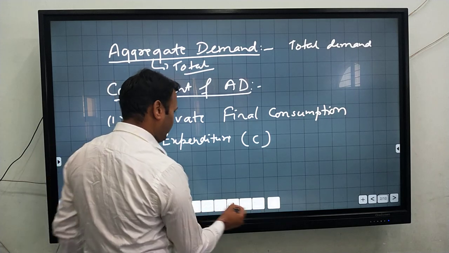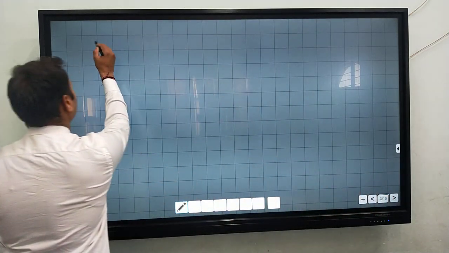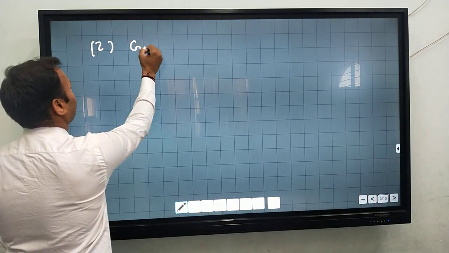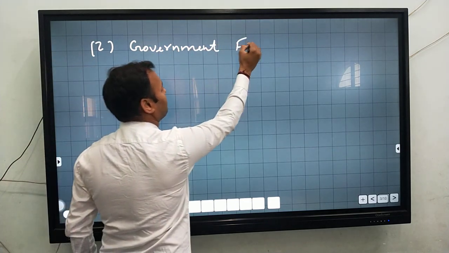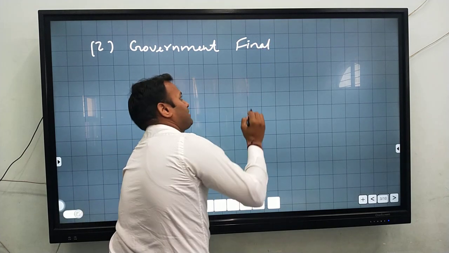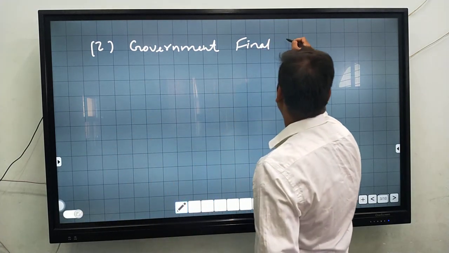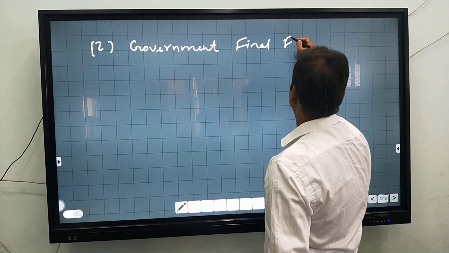Now the second component is government final consumption expenditure.